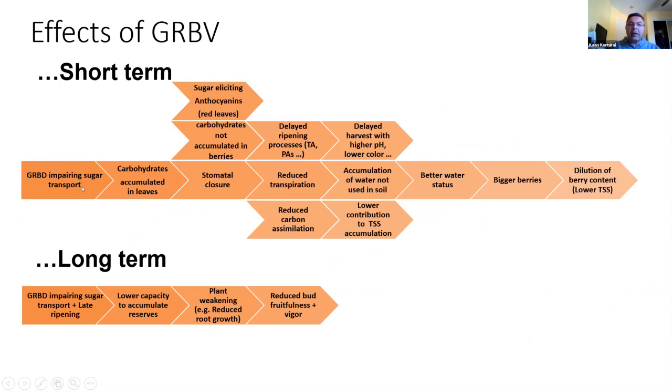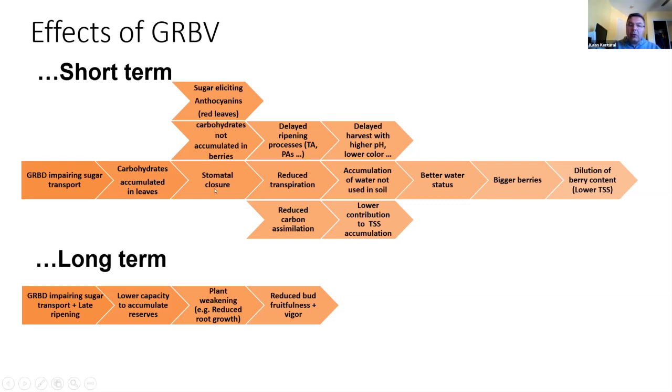As it's impairing sugar transport, carbohydrates are accumulated in the leaves, and this immediately results in stomatal closure. The sugar eliciting anthocyanin is what's causing the red leaves. And we do have the response from the berry that carbohydrates are not being accumulated in the berries.